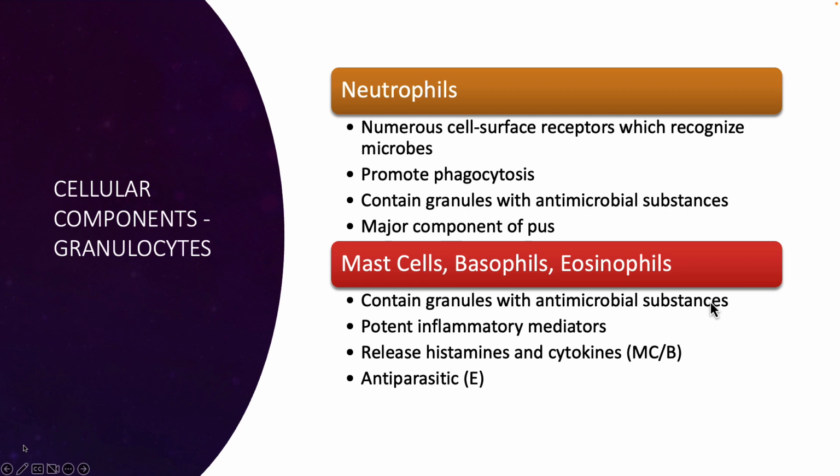Now, mast cells and basophils are responsible for releasing histamines and cytokines. So you actually may not like these very much if you get allergies. These are also part of the allergy response. So are eosinophils, but eosinophils are also really important because they are antiparasitic.